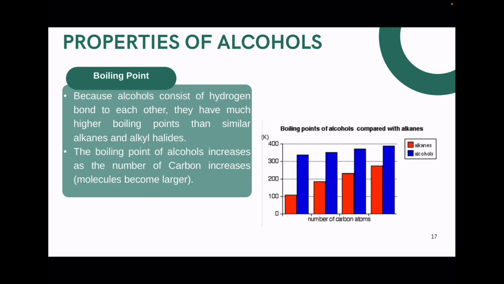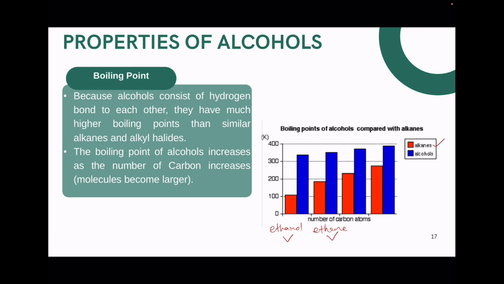If we talk about the boiling point of alcohols, alcohols have higher boiling points compared to alkanes of similar molecular weight. For example, if you compare ethanol and ethane, ethanol will have a higher boiling point than ethane.